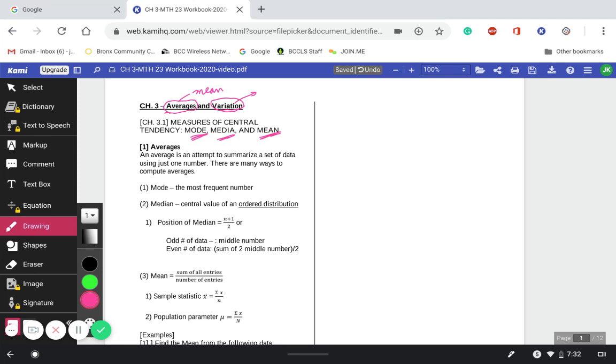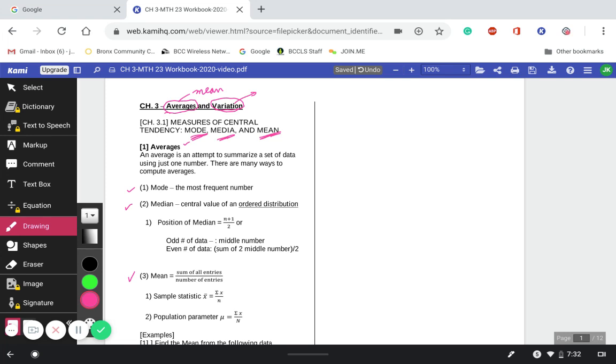The average is an attempt to summarize a set of data using just one number, like a middle value or center value. There are many ways to compute averages, but these three terms are the most used to represent the middle value.